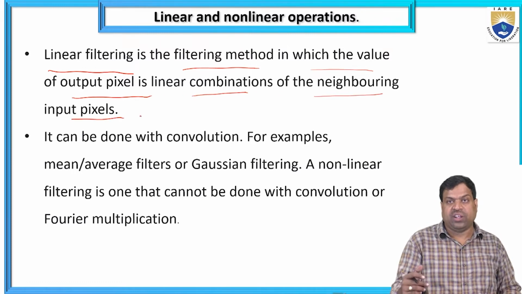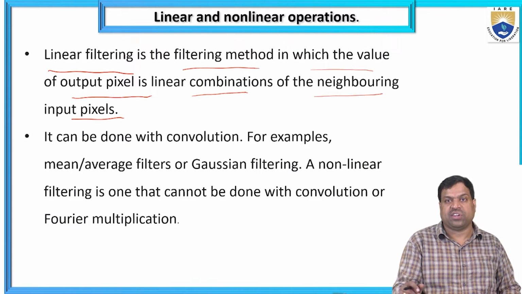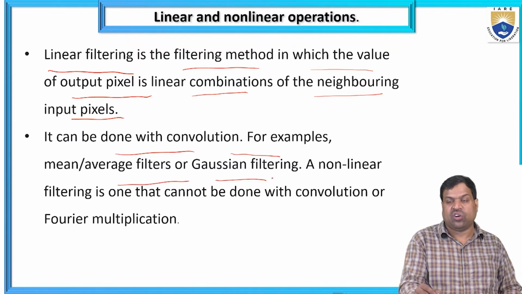So what is applying linear filtering to a linear image? The output is a combination of the linear neighboring input pixels, and it can be done with convolution. For example, mean filtering, average filtering or Gaussian filtering.